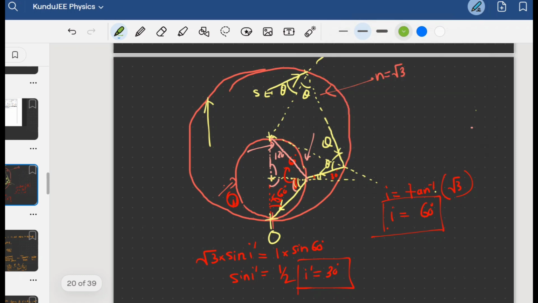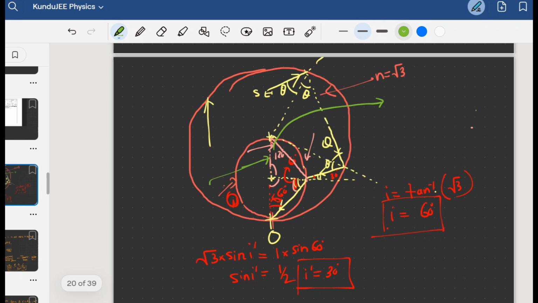So from the first triangle, we will consider this triangle. This is r by 2, this is r by 2, and this length I do not know.